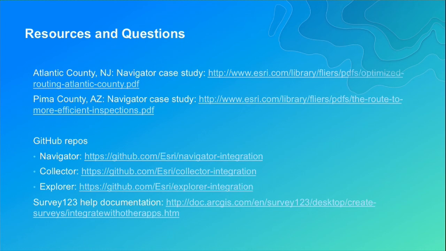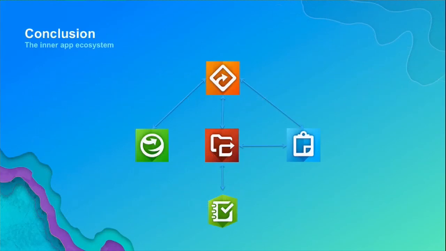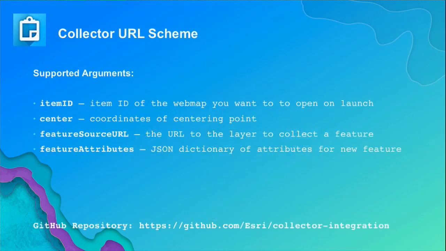Can you go back to the collector parameters really quick? Sorry, next slide. This is a map, so you still need to provide the item ID to that map.